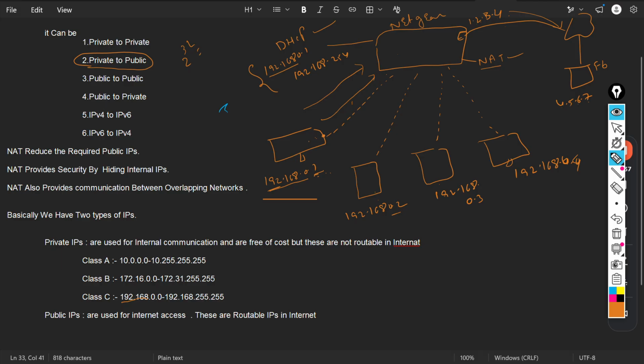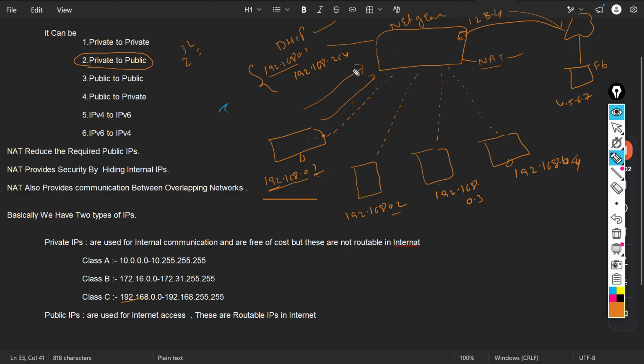So this is a NAT overview. Why NAT is required? If you don't have NAT concept, every internet user requires one public IP. If you want to get the public IP, we need to pay some money to ISP. But we can't, right?